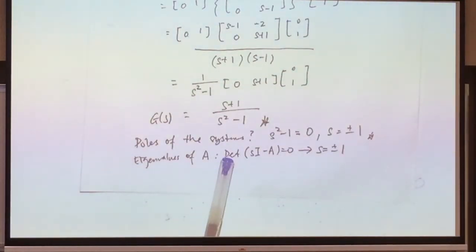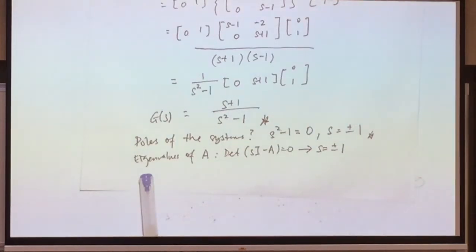The pole of the system is the solution of the denominator. And the denominator is s squared minus 1 equal to 0. So s is plus or minus 1. What is an eigenvalue? You can get it from A.